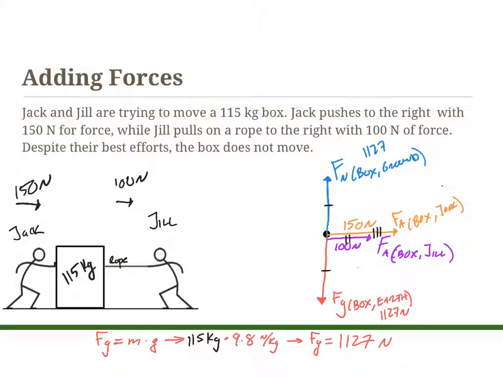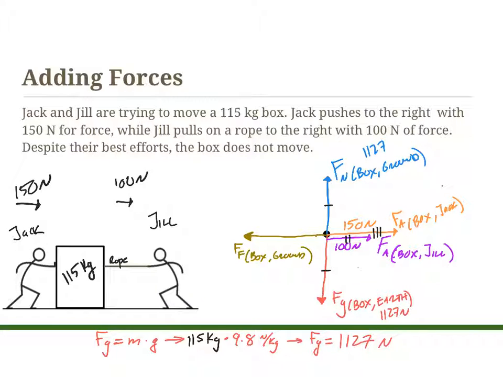And as a result of the box not moving at all, I have a force of friction being applied to the box by the ground in the opposite direction of the force being applied.